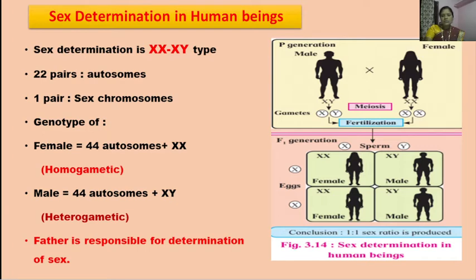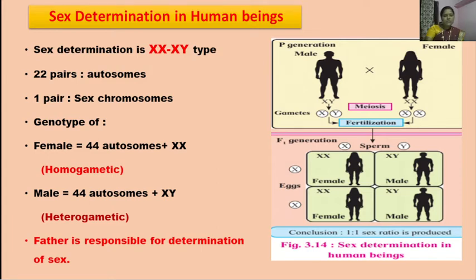The sperms are X and Y, and the eggs are X. On mating, we find XX and XY. XX represents female and XY represents male. So the conclusion is that the ratio of sexes produced is 1:1.